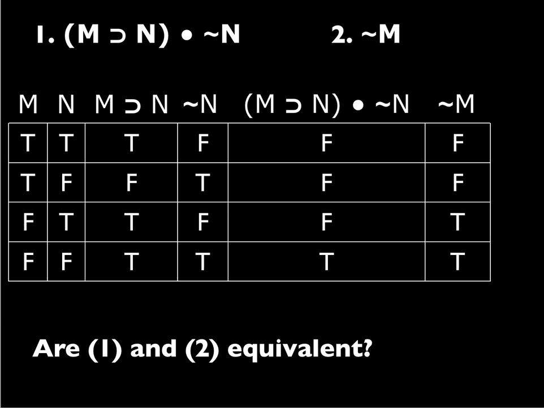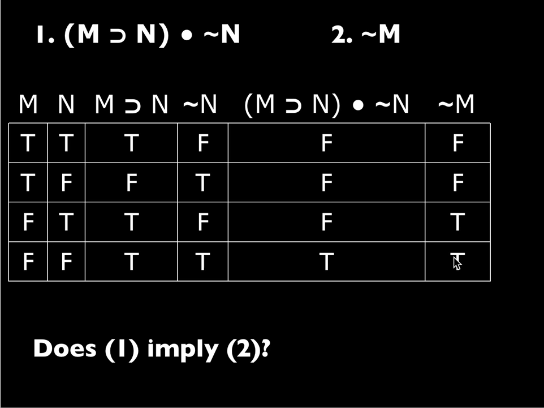Well, are they equivalent? No, look, row 3, different truth value, so they're not equivalent. Are they consistent? Sure. Row 4, they're both true, so 1 and 2 are consistent. Does 1 imply 2? We're going to look for a counterexample row, a row where 1 is true but 2 is false.